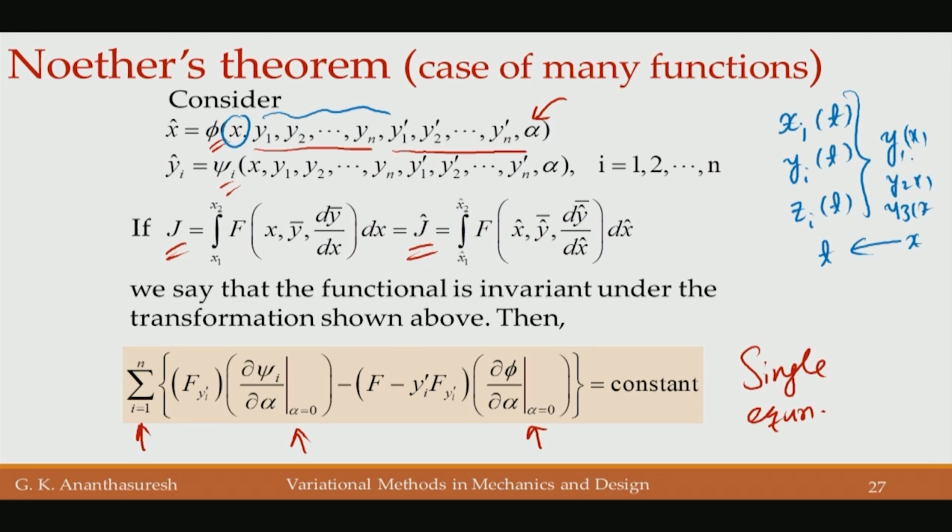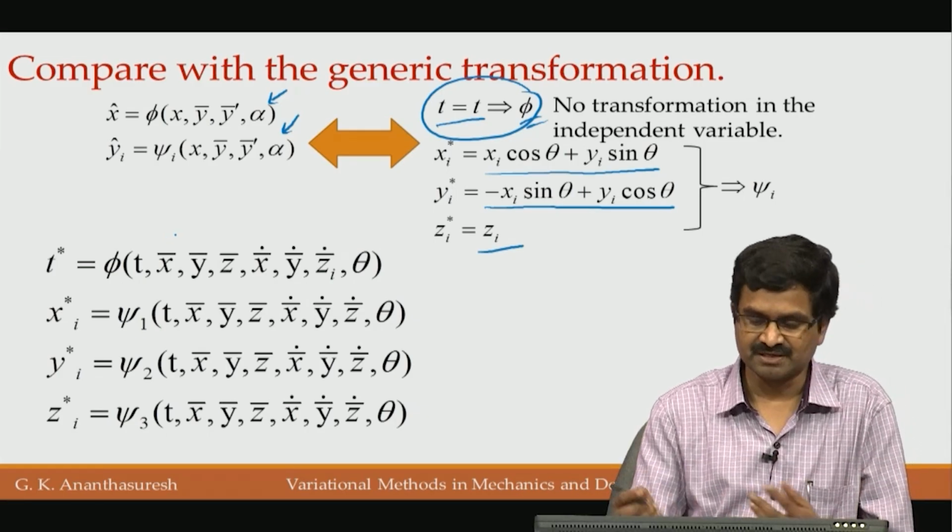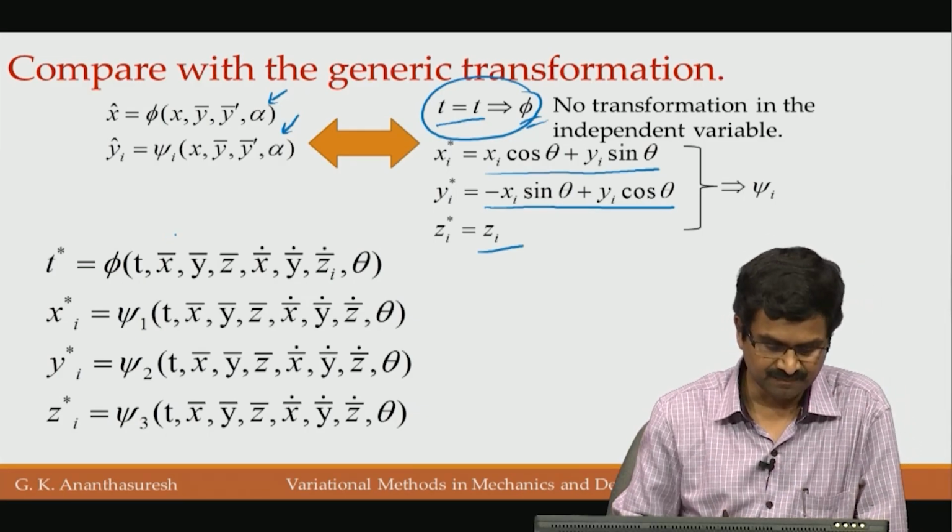So, having understood that, now we are explicitly writing t star, xi star, yi star, zi star; we are just taking different variables like average quantities here, x bar, y bar, z bar that we have.